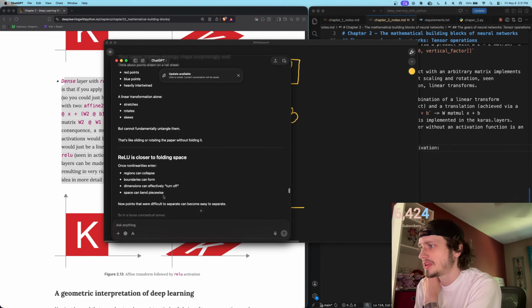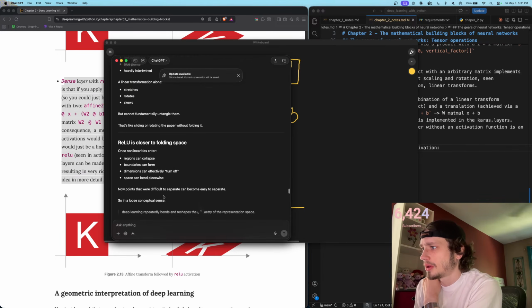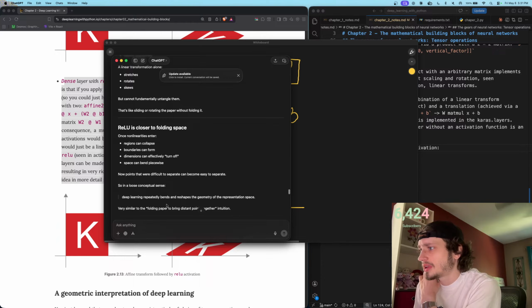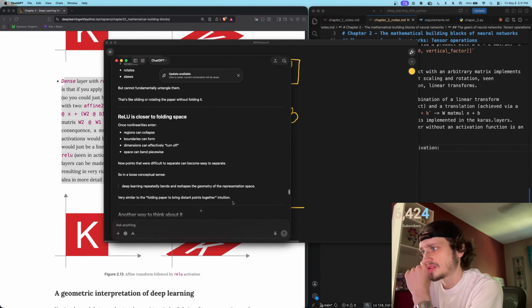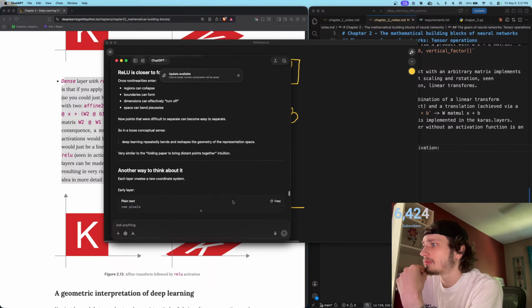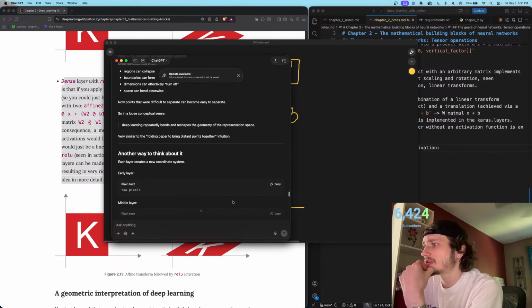Space can bend piecewise. Points that were difficult to separate can become easy to separate. So in a loose conceptual sense, deep learning repeatedly bends and reshapes the geometry of the representation space. Each layer creates a new coordinate system.